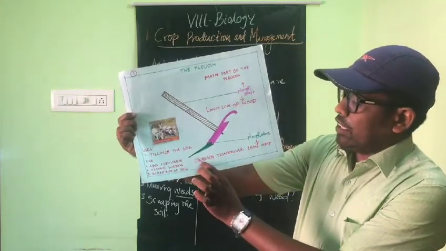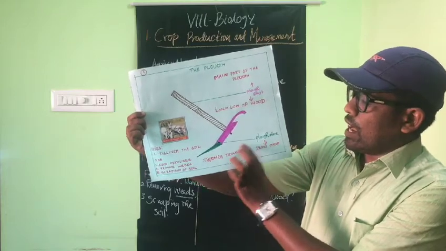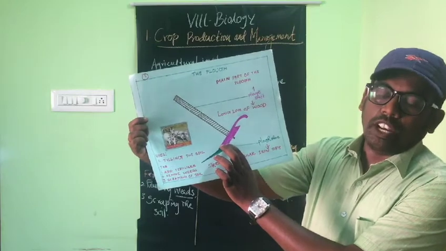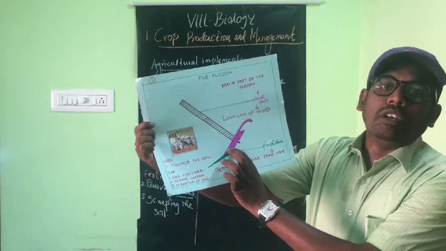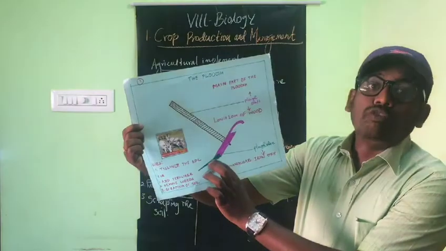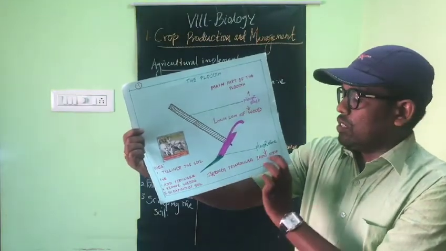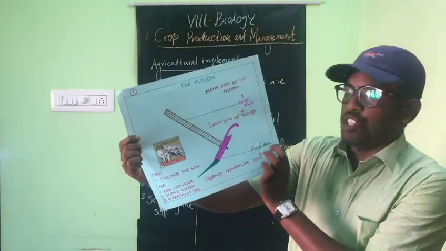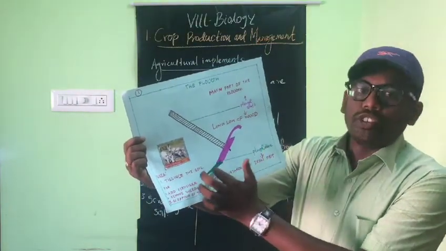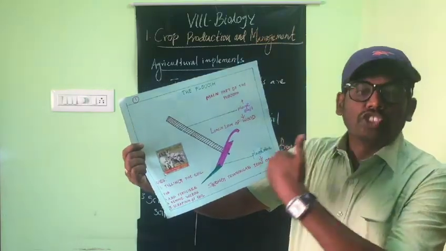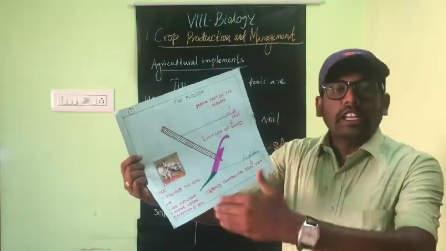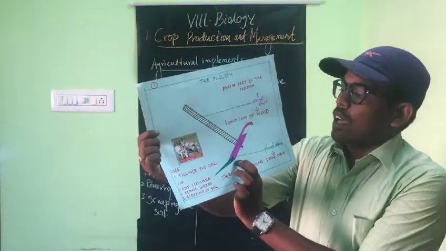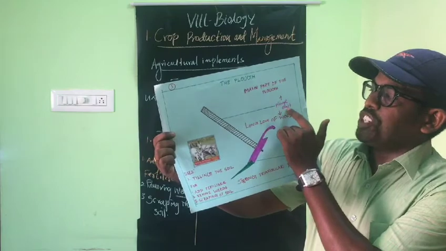The plough share is a strong, triangular iron strip. Sometimes the shaft is made of wood. This strong triangular iron strip is called the plough share. With this plough share, the soil is tilled, turned and loosened because of its sharp edges. And the second one is the plough shaft.